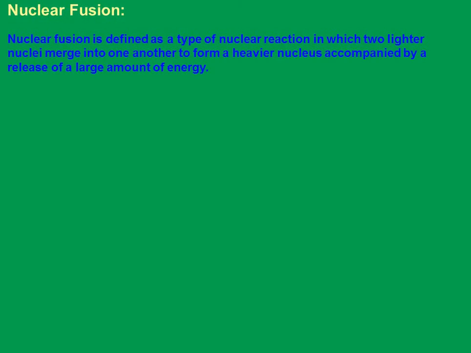This is the first part of the graph, binding energy per nucleon versus mass number graph. Remember, right? The process in which two light nuclei combine at extremely high temperatures to form a single heavier nucleus is called nuclear fusion.